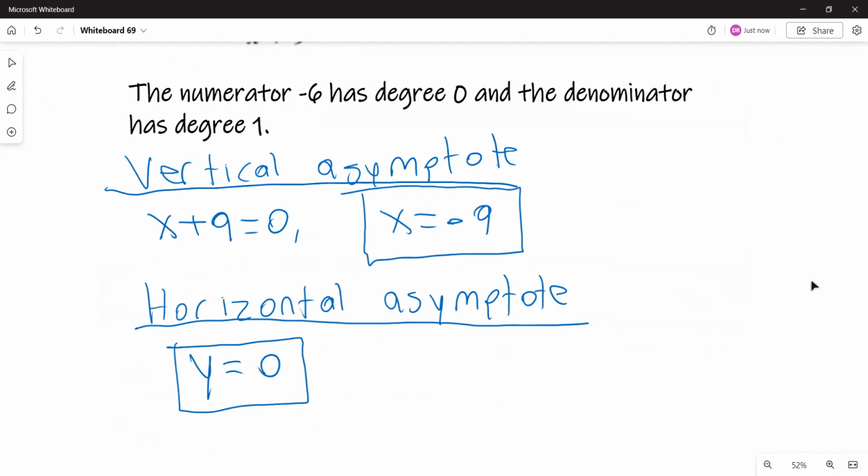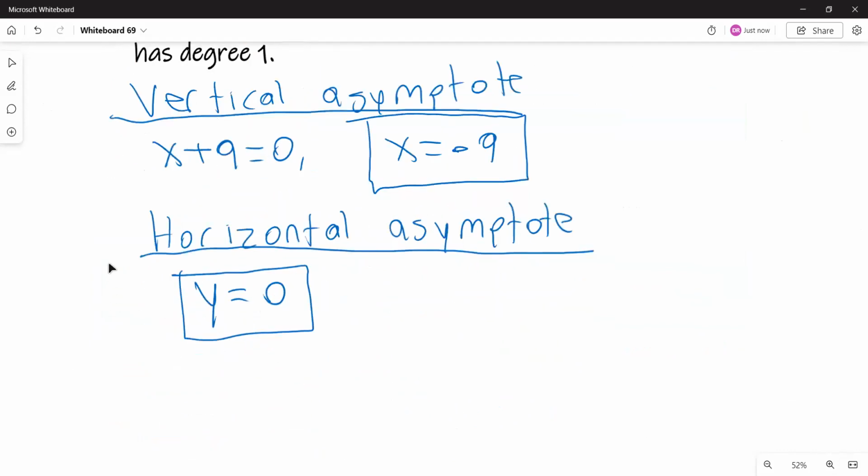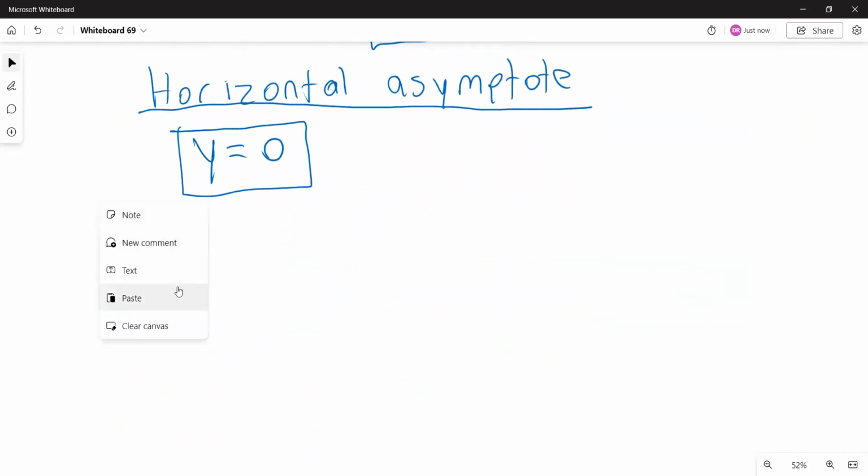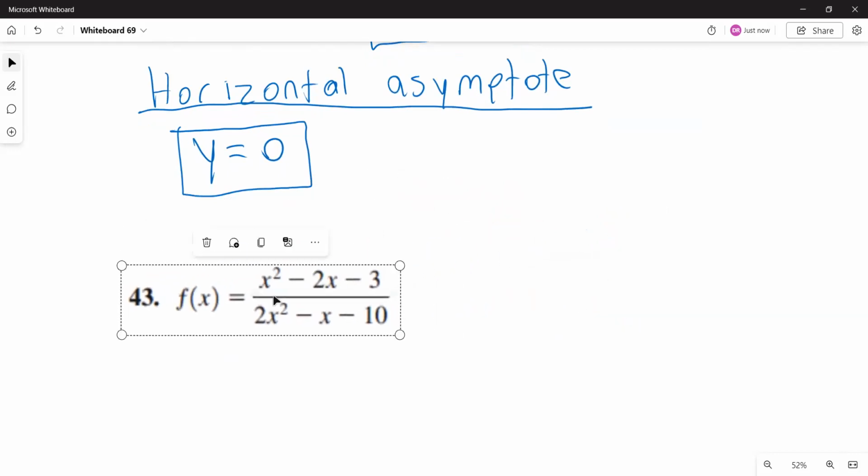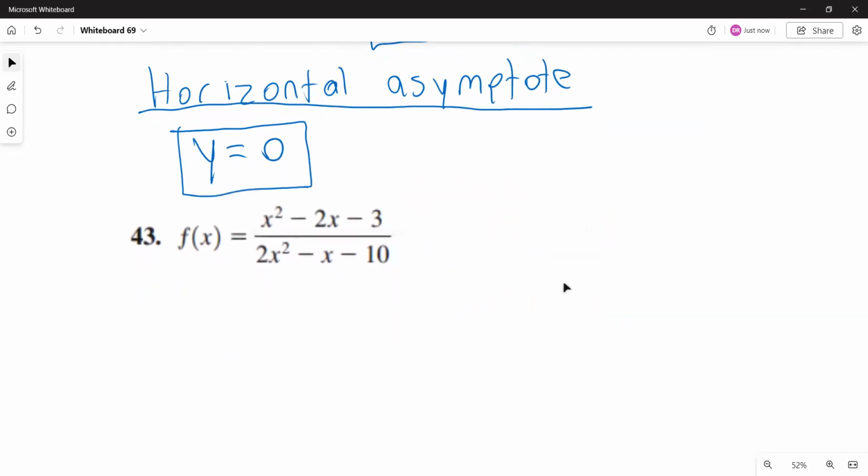Number 43. We have the same questions. We're going to give the equations of any asymptotes, that is, of any vertical and horizontal asymptotes.